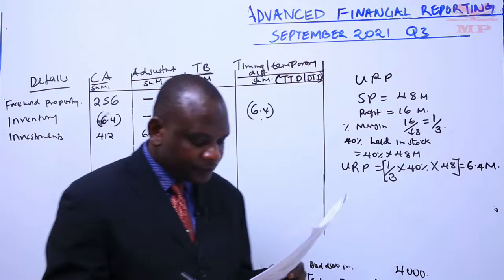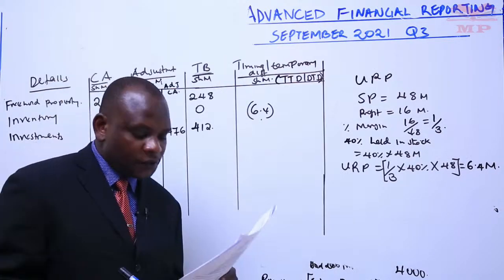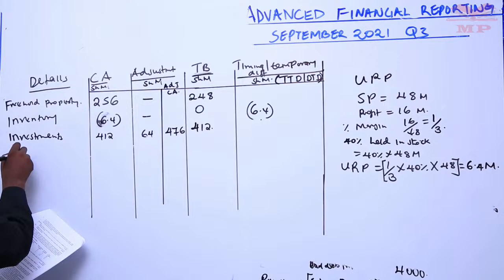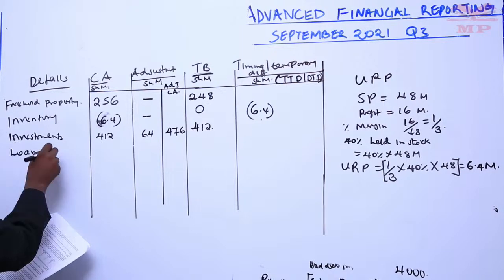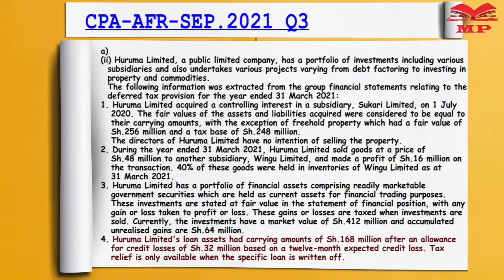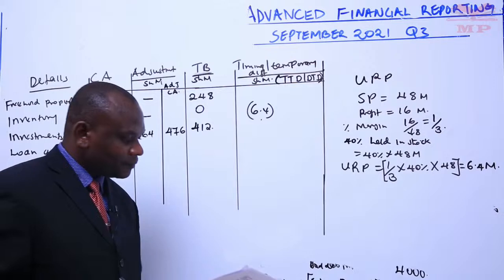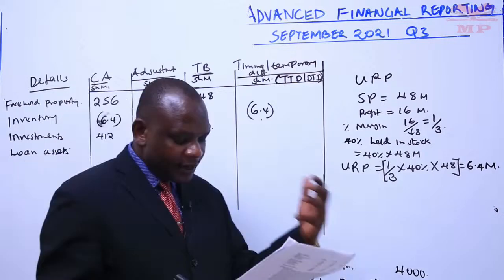Okay, so we have here loan assets. Carrying amount is 168 after an allowance for credit losses. It is just like determining the debtors after an allowance for bad debts.